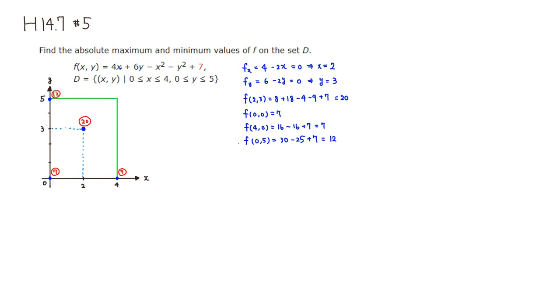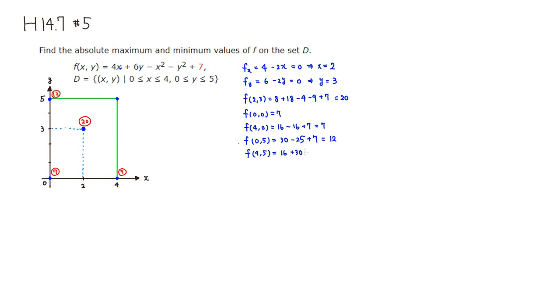And how about this corner, (4, 5)? f of (4, 5): x is 4, so 4 times 4 is 16, and 6 times 5 is plus 30.